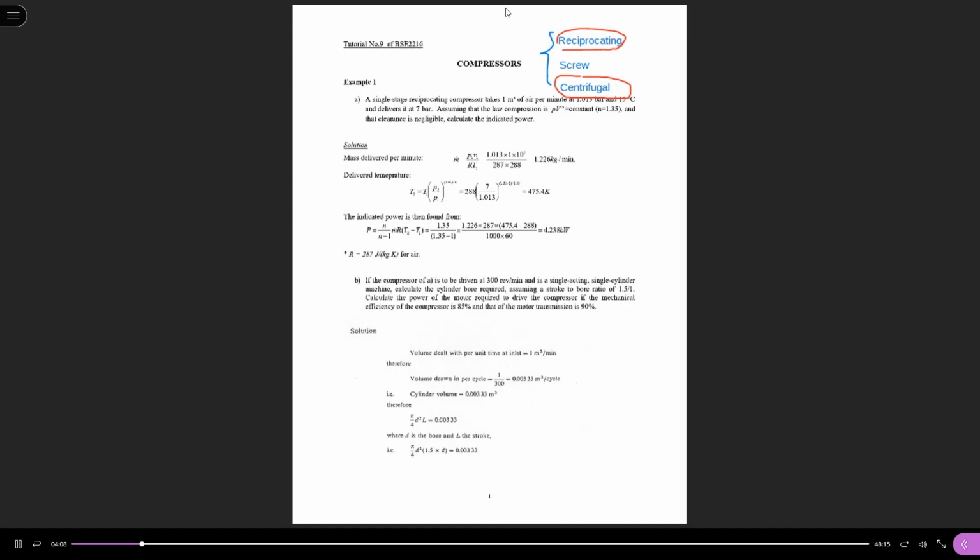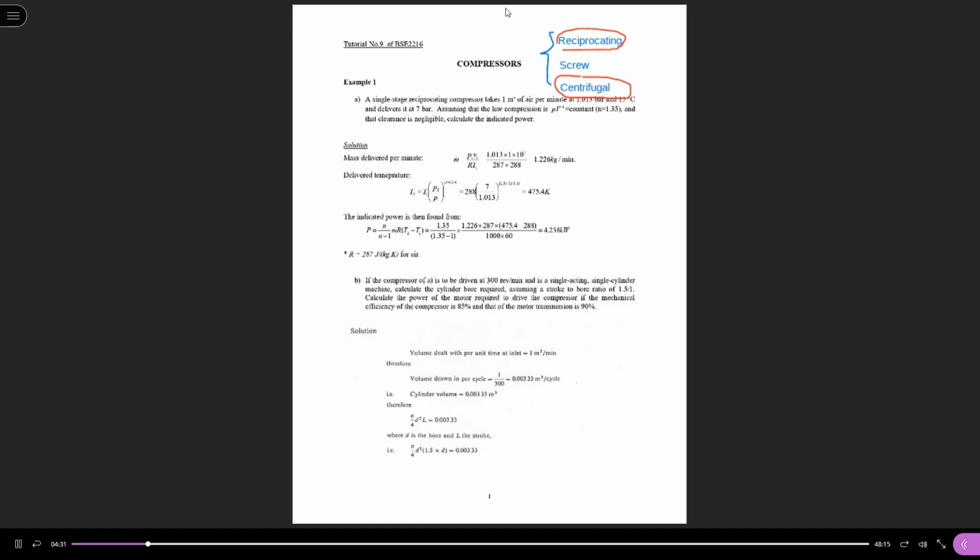Now let's work on example number 1 together. In fact, for example number 1, we have learned it during our lecture.